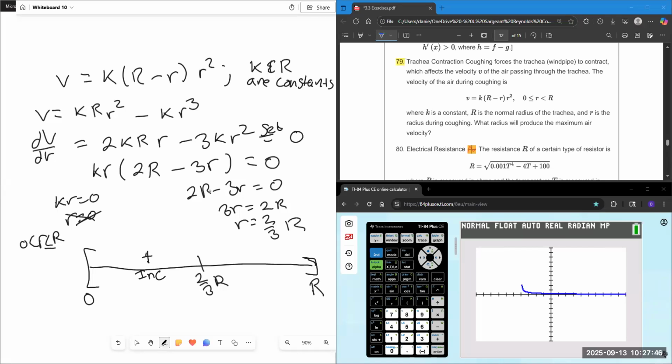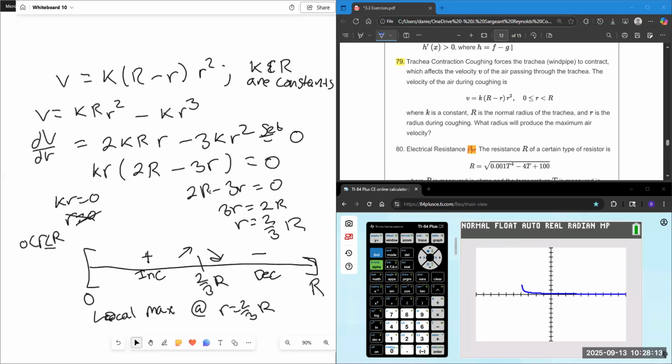And then if I pick something bigger than 2/3, like 3/4, then 2 minus 9/4 is negative, so it's decreasing. So there's a local maximum at r equal to 2/3 R, because this was increasing and then decreasing.